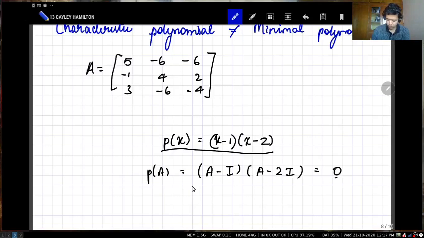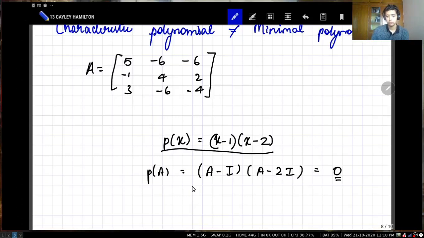So verify that this is equal to the 0 matrix. So the characteristic polynomial of A, which will turn out to be a polynomial of degree 3, is not the same as the minimal polynomial, which turns out to be a polynomial of degree 2.